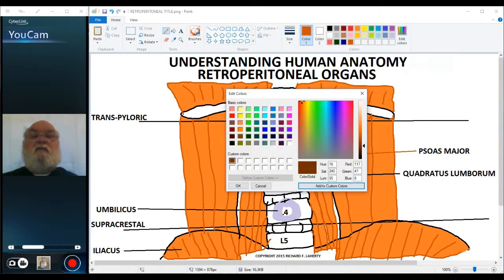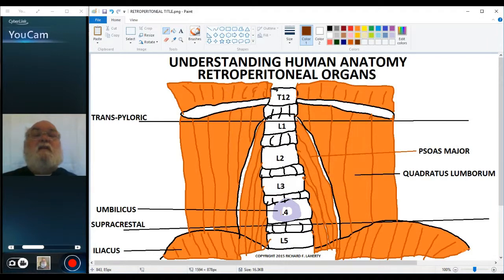I'm going to use a little darker shade of orange to show this origin, and then up here, and then down on this side.